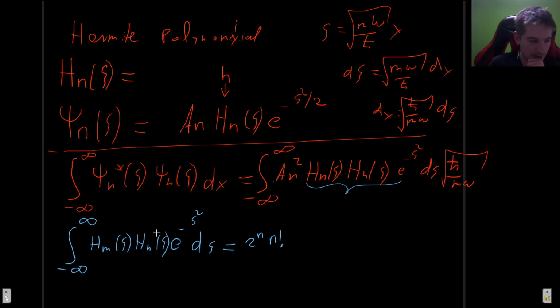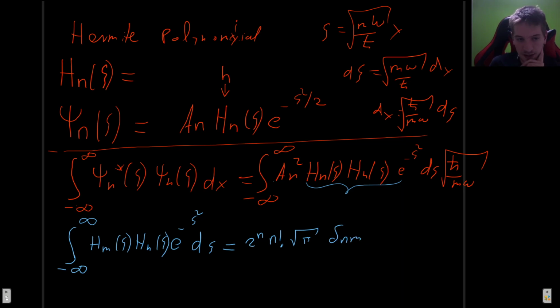Let me double check. I think it's this. I will just double check because I want to make sure that I got it correctly. Yes, okay, here it is. It's going to be 2 to the nth power, n factorial times the square root of pi and times delta_nm, of course, because they are orthogonal.